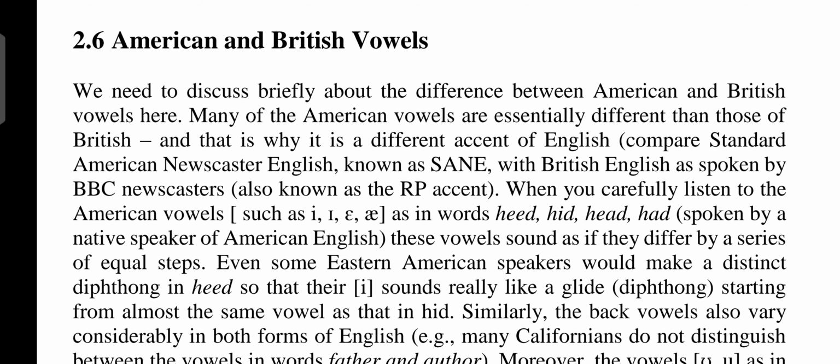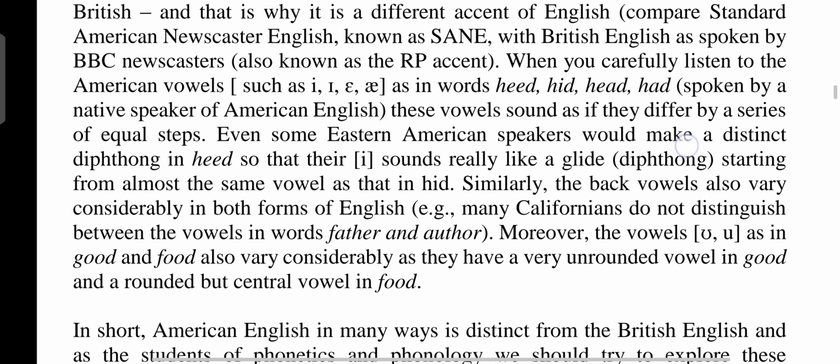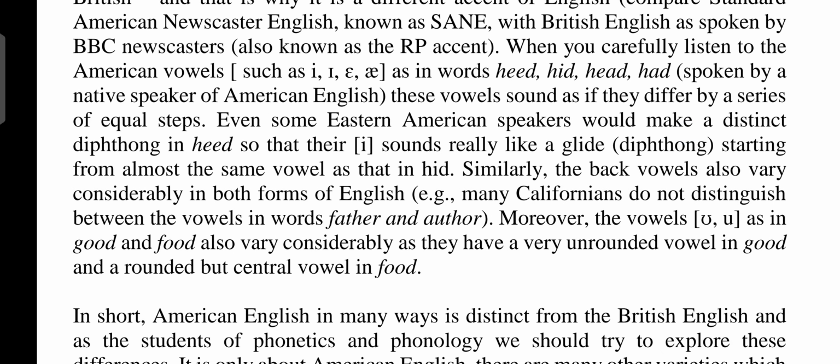Similarly, the back vowels also vary considerably in both forms of English. For example, many Californians, the people from California, do not distinguish between the vowels in the words father and author.